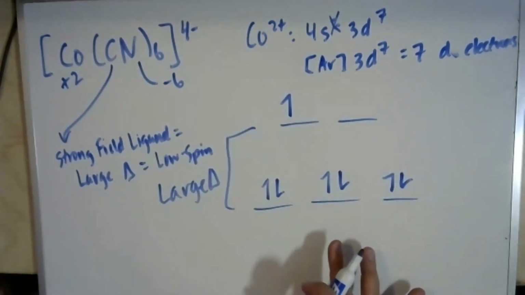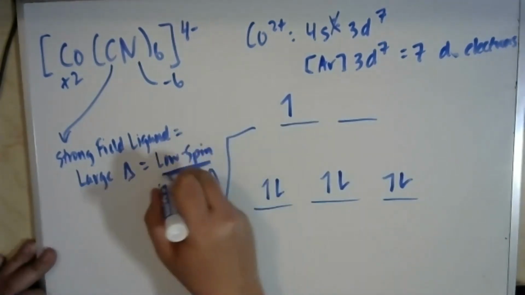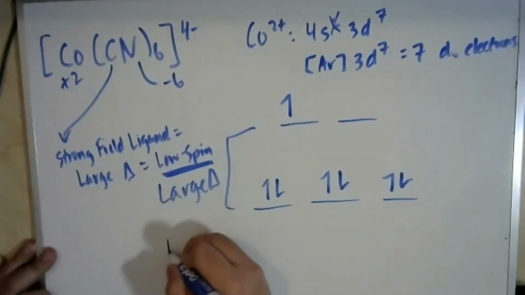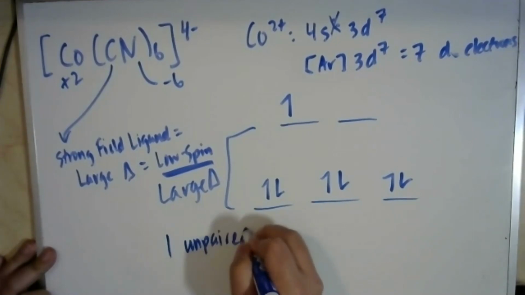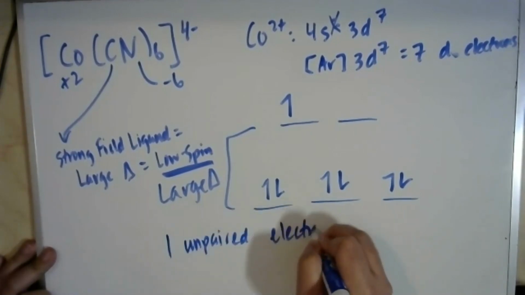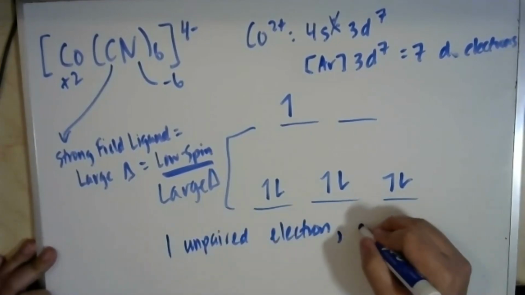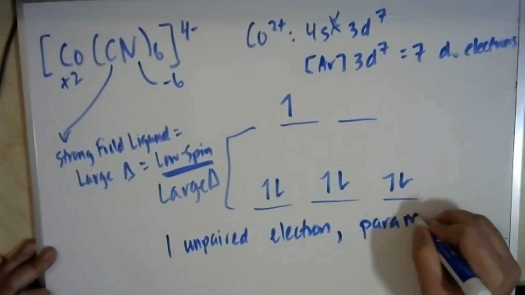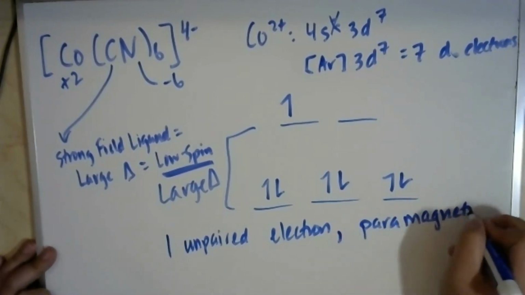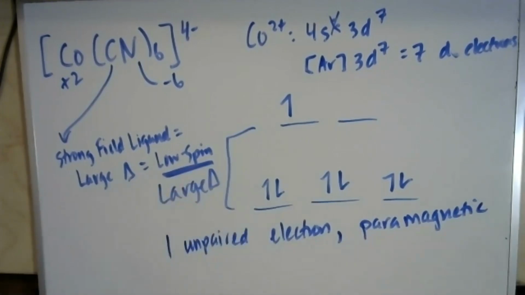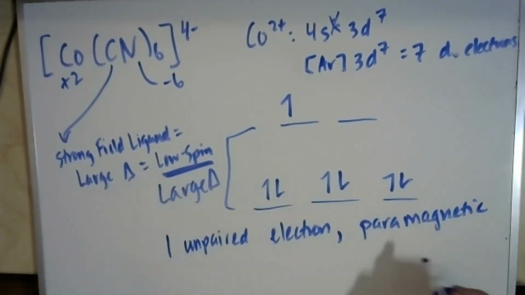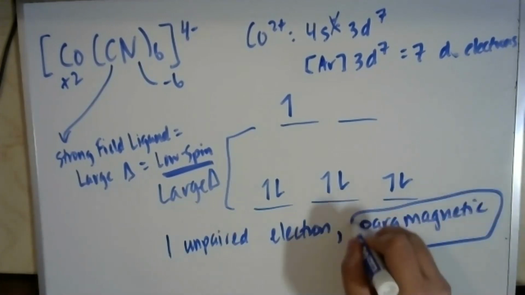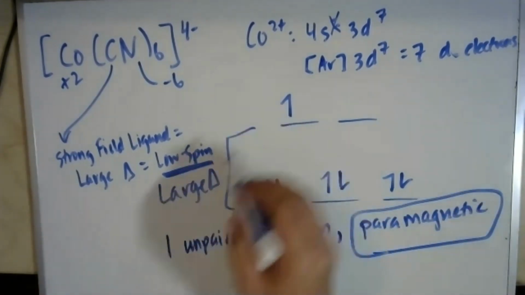So when all of our electrons are distributed in this low spin complex, we end up with 1 unpaired electron, which gives us a paramagnetic species. It's still a low spin complex because it still has many electrons that are paired, but it does have some magnetism to it because it has that 1 unpaired electron up there.